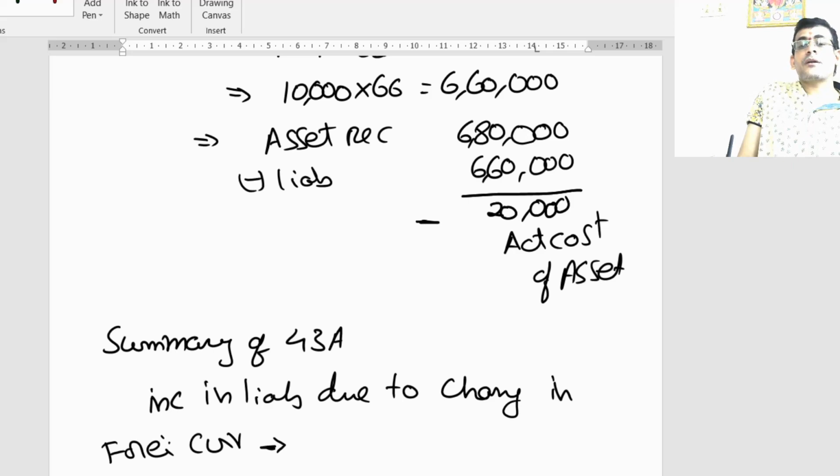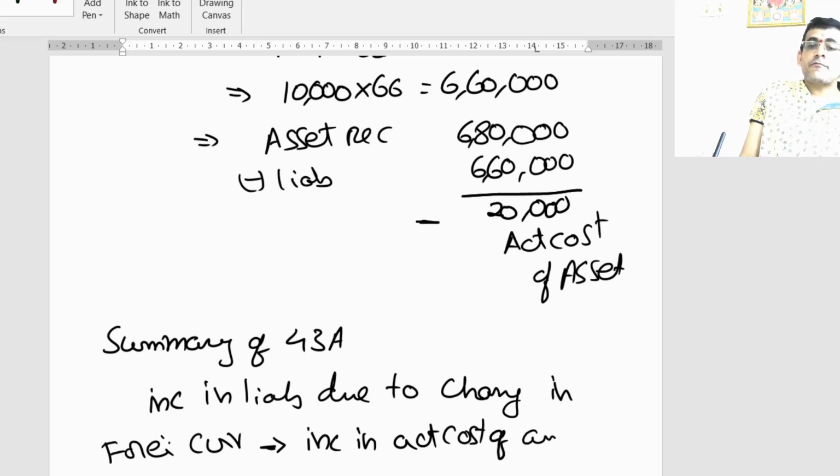Then what is the treatment specified by 43A? Increase the actual cost of asset with the difference in exchange rate.